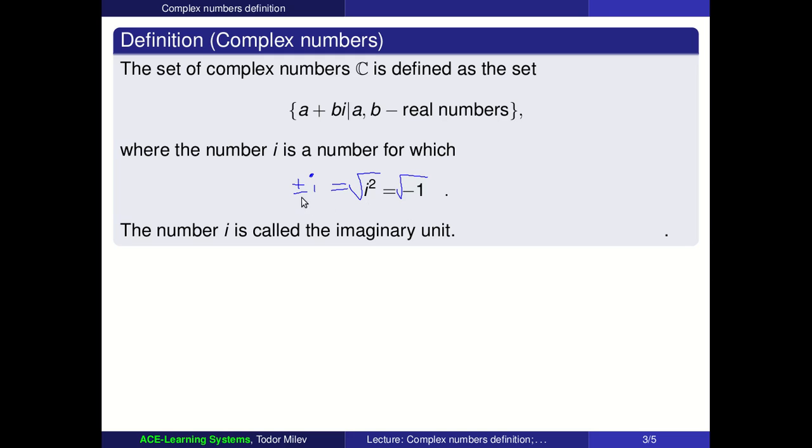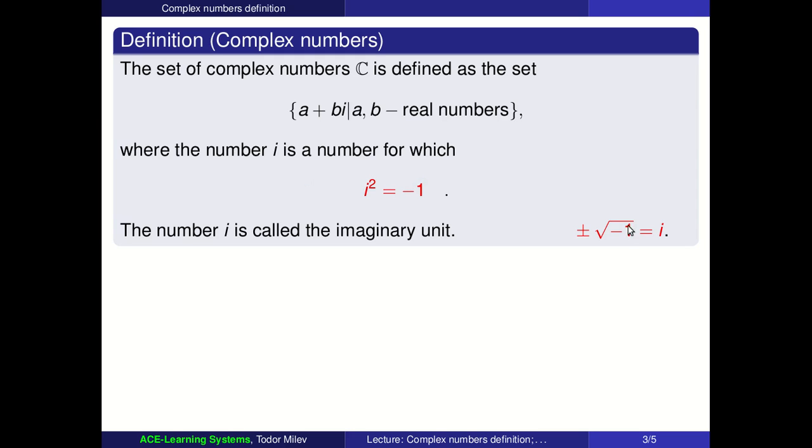Now, the fact that plus or minus i is equal to radical of -1 is a consequence of our desire to have that i squared be equal to -1. Once again, we define the number i as some number whose square is -1, and that automatically forces plus or minus i to be equal to the radical of -1.